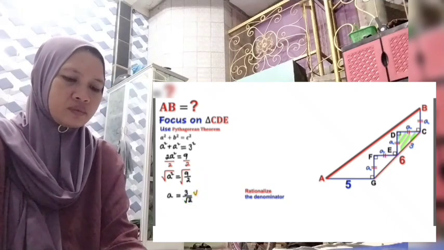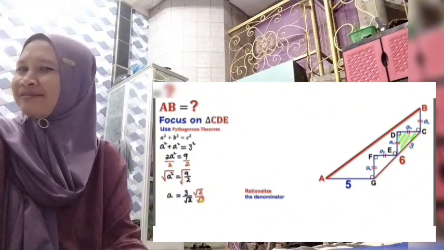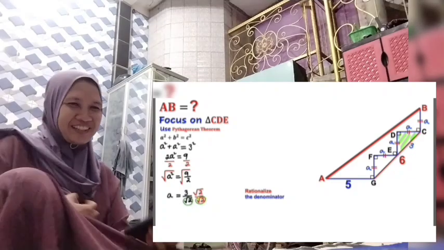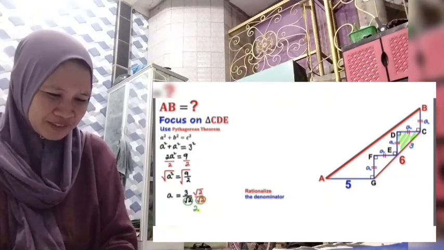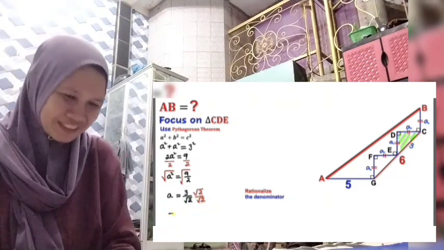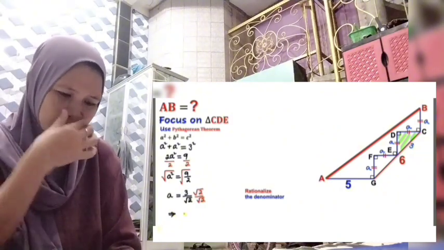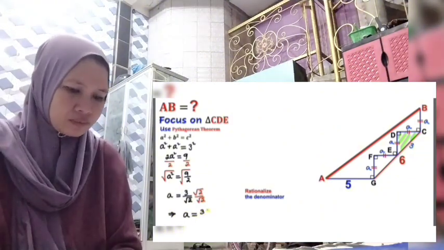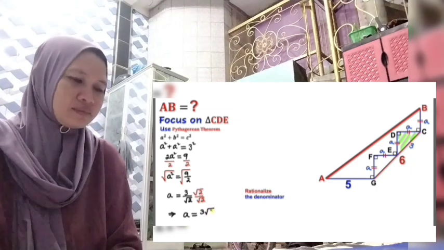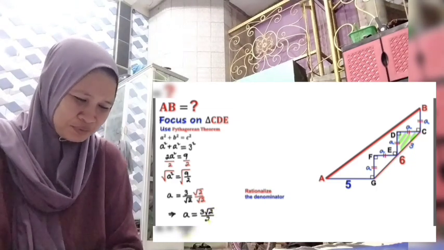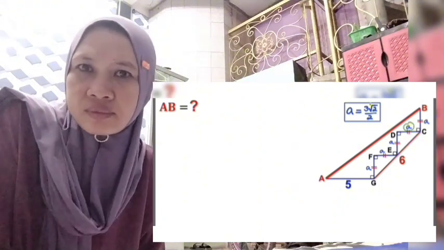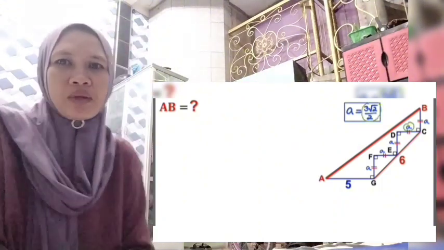So therefore we are going to multiply and divide by square root of 2. And here we can see square root of 2 times square root of 2 is going to be equal to simply 2. So therefore our lowercase a value simply turns out to be 3 times square root of 2 divided by 2.